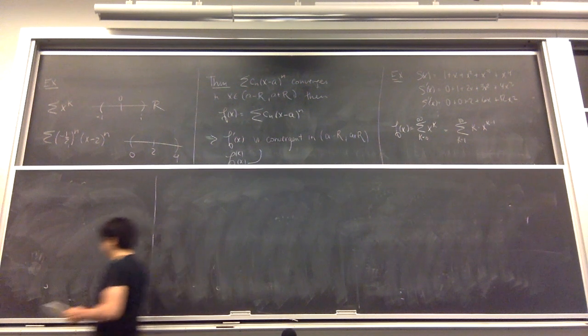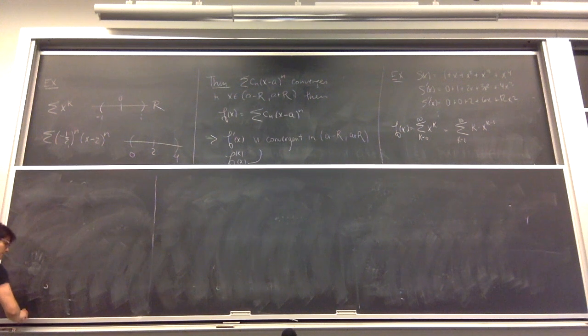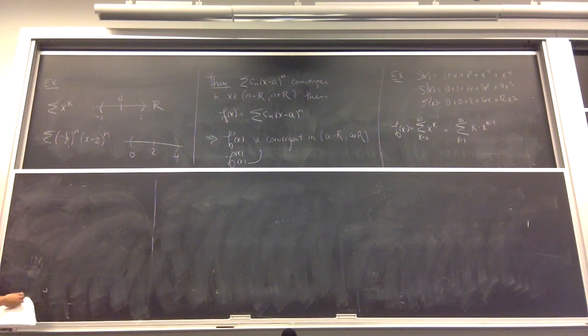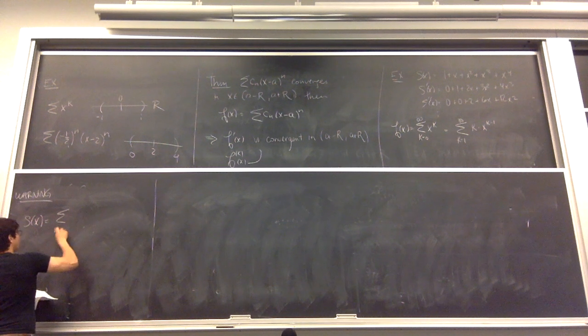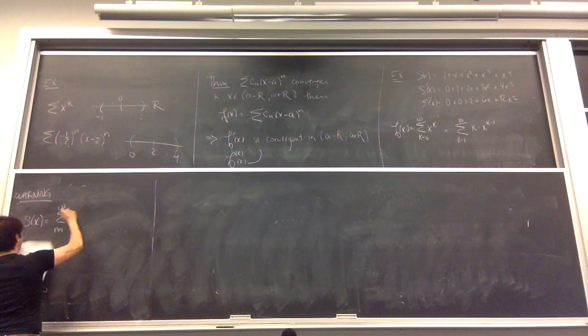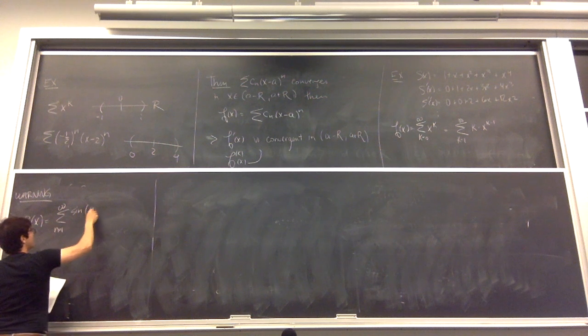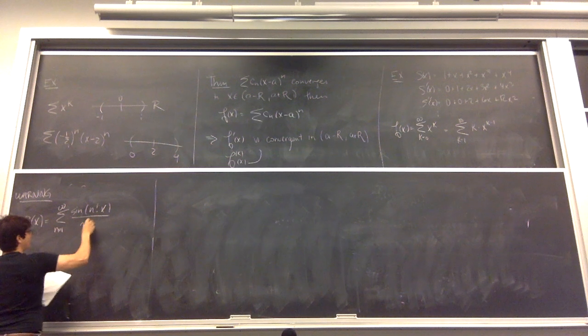Okay, so a little warning. This is very special. Right? This only applies to power series. If I give you this series, the sum from n equals 1 to infinity of sine of n factorial x over n squared.